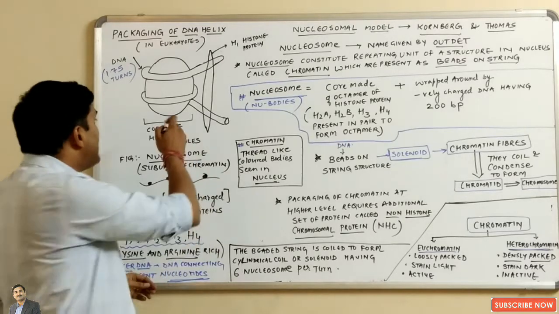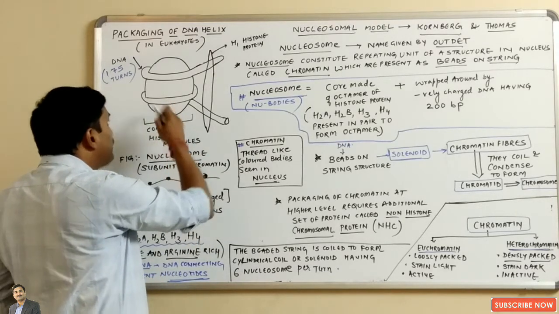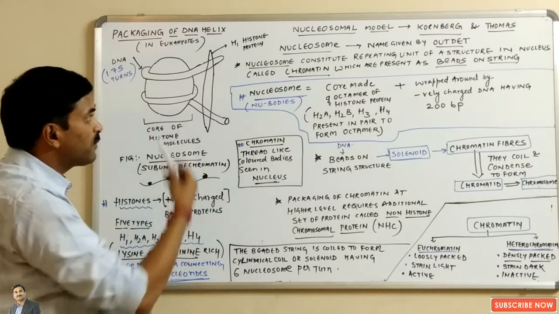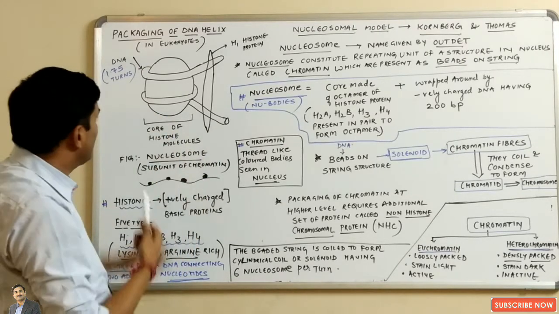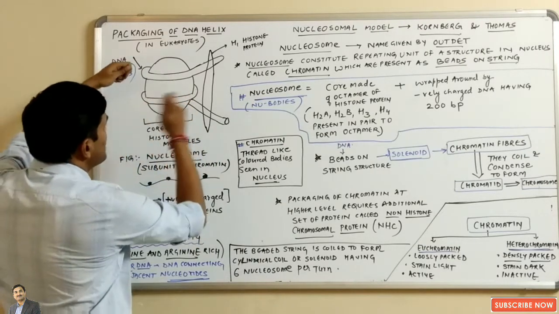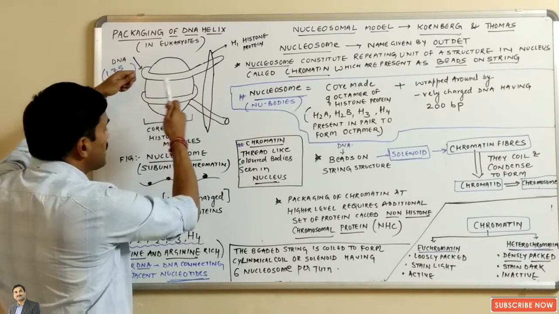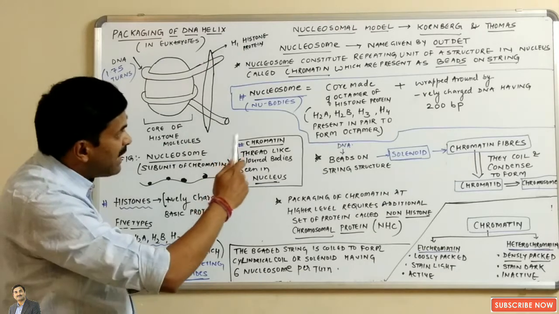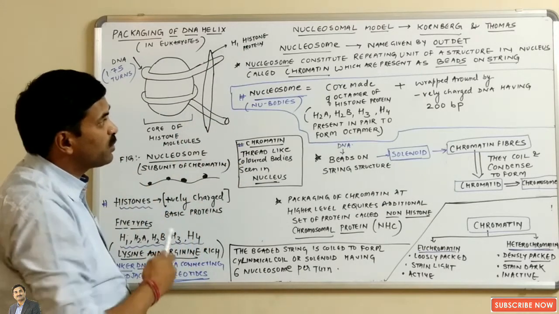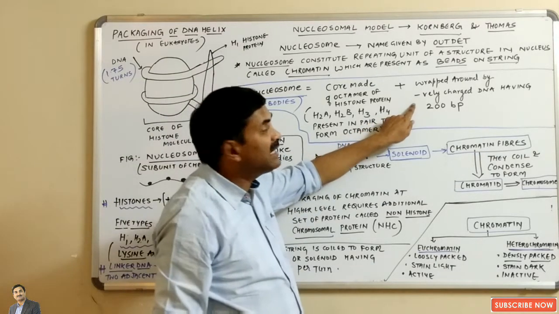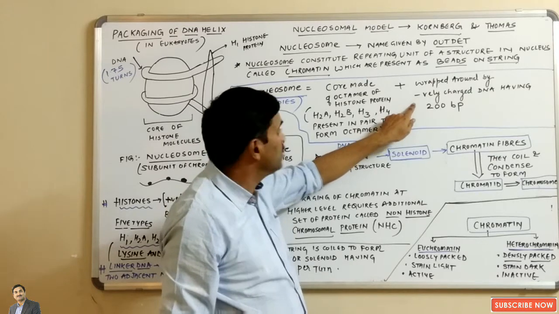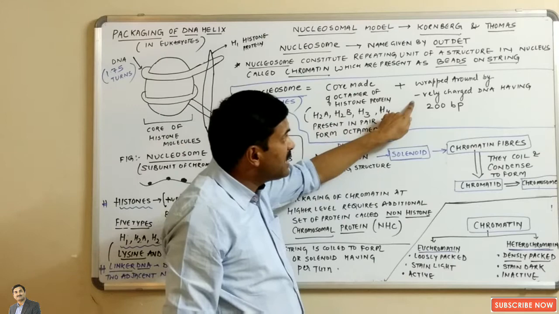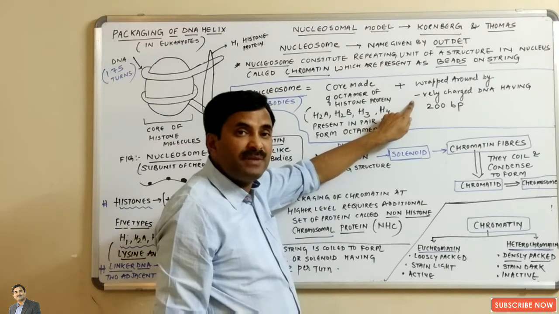Okay, and just wrapped around this core of histone protein is the DNA. So this is the DNA which is wrapped around the core made up of histone proteins. Around this core is present negatively charged DNA, because we must know that histone proteins are positively charged and the DNA wrapped around is negatively charged.